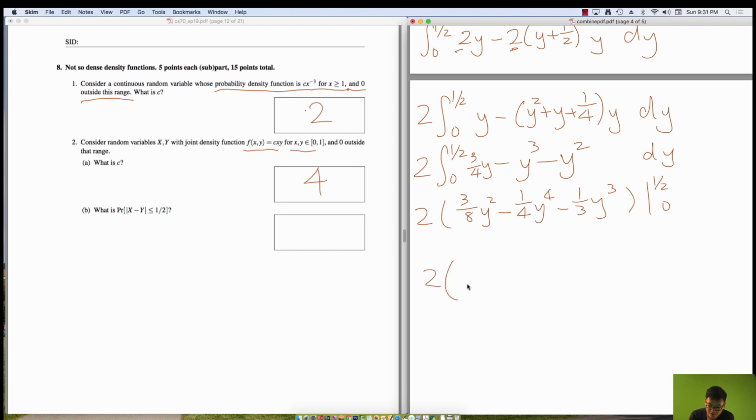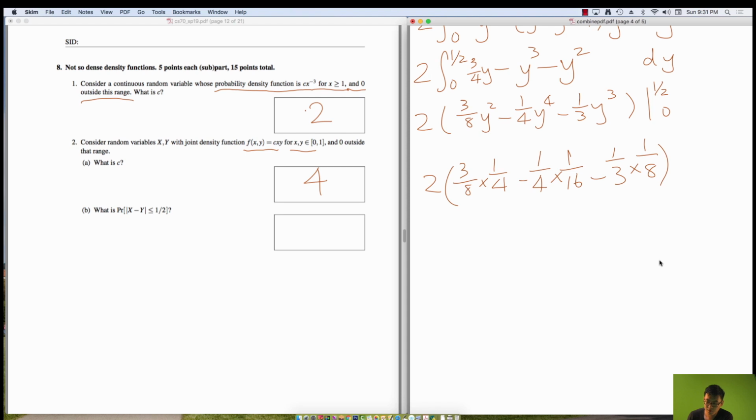So if I evaluate everything at a half, this is just 3/8 times a fourth, minus 1/4 times 1/2 to the fourth, which is 1/16, minus 1/3 times 1/2 to the third, which is 1/8. And then if I evaluate this at 0, I just get 0.